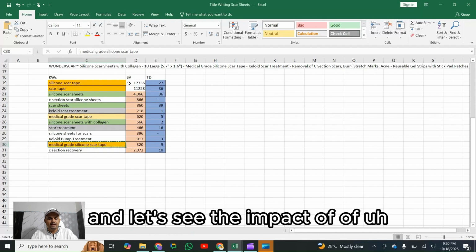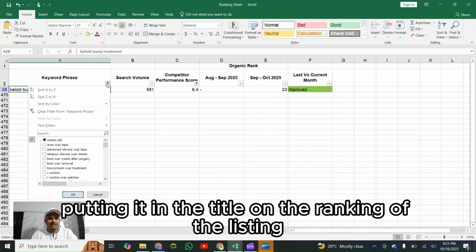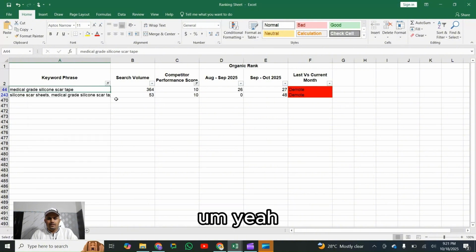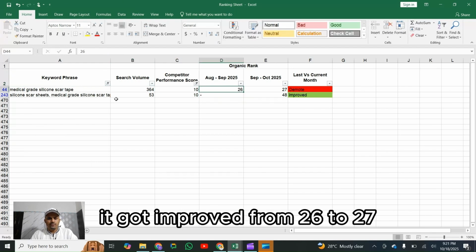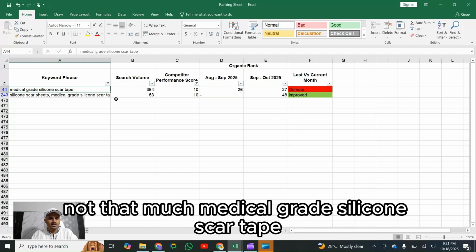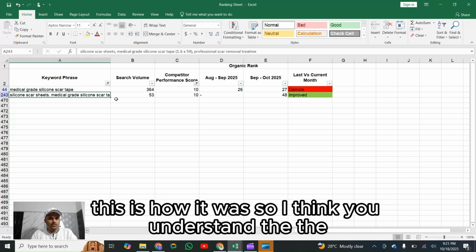And let's see the impact of putting it in the title on the ranking of the listing. Yeah, I think again it's mistaken. So it was 0. It got improved from 26 to 27. Not that much. Medical grade silicone scar tape, and then we have from being nowhere to the 48th spot. This is how it was.